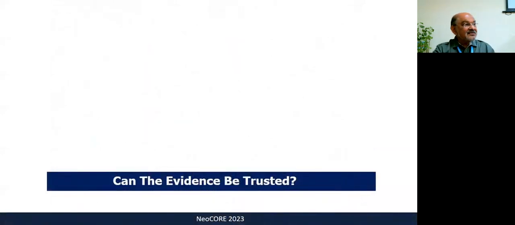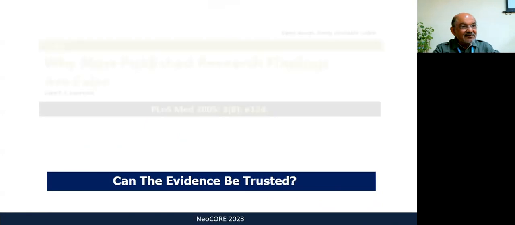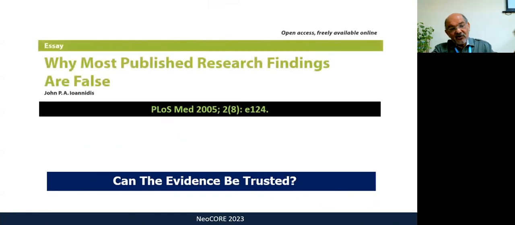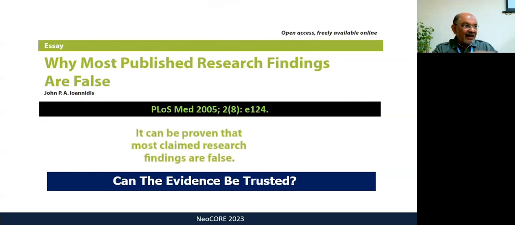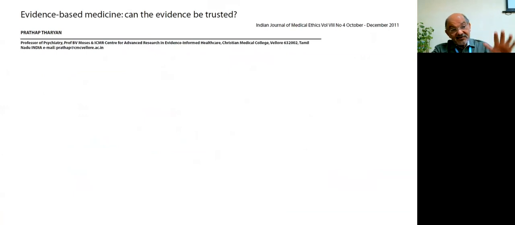So the question for us is, looking at evidence-based medicine, can you trust the evidence? And if you read this article by John Ioannidis, he will argue that most claimed research findings are false. And I elaborated on this for an article with the Indian Journal of Medical Ethics to teach ethics committees that science and ethics are inseparable.